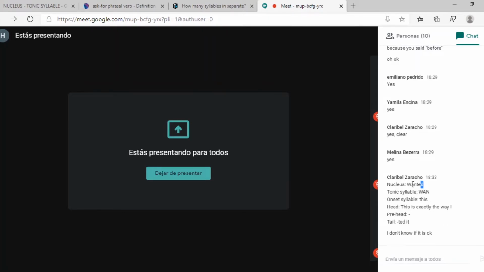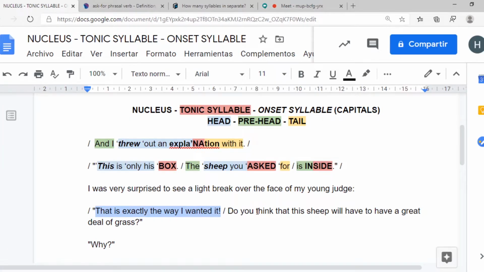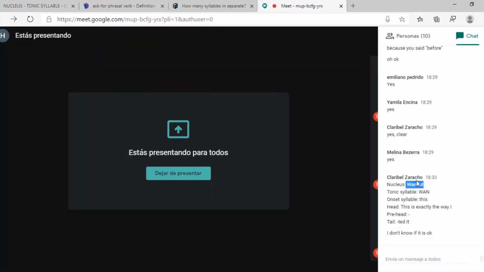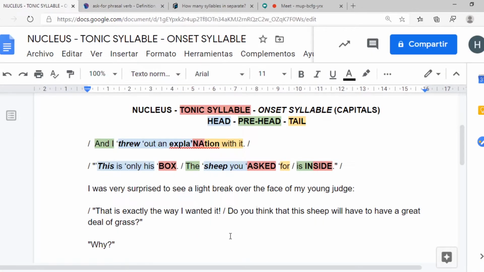Nucleus, wanted, okay, that's correct. Tonic syllable one. Onset syllable, you don't have any of these here.